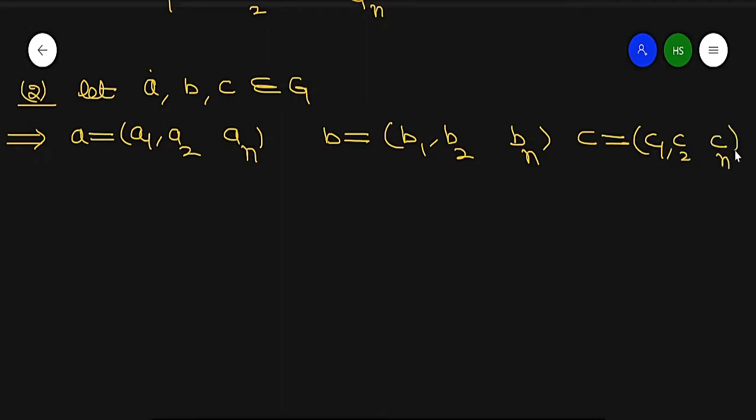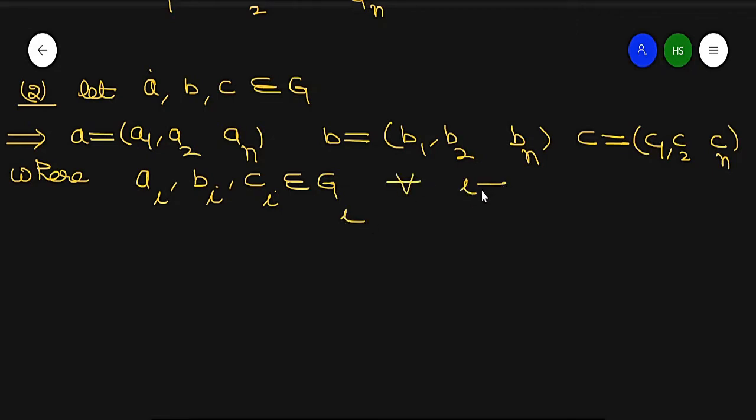This is an n-tuple where each ai, each bi and each ci belongs to Gi, for every i running from 1, 2, and so on up to n.